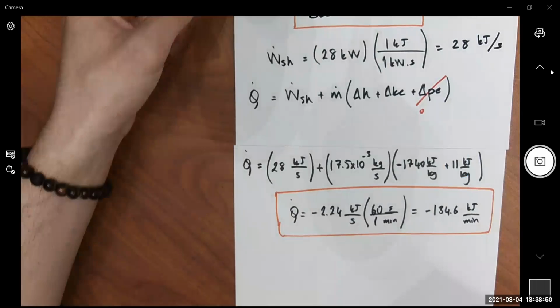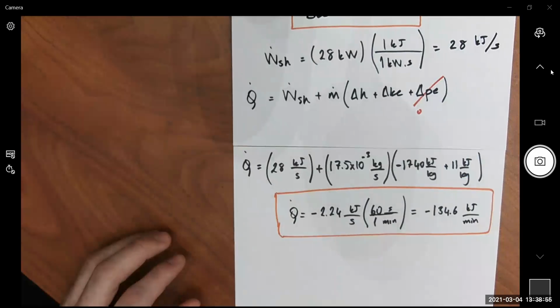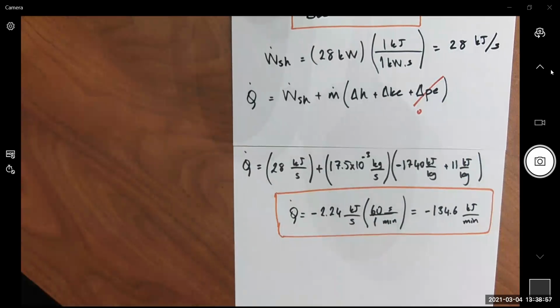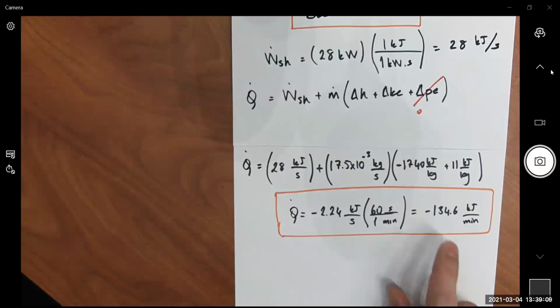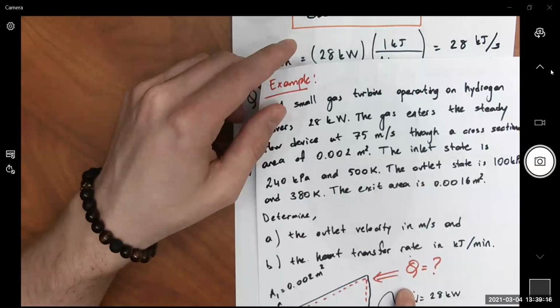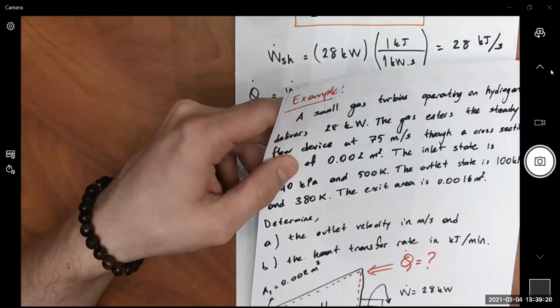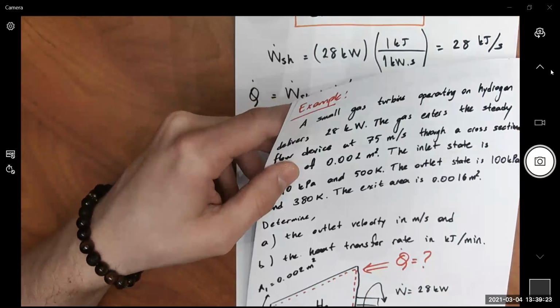Questions? Okay. I found a minus Q, but I showed plus Q. In this case, my arrow was wrong.